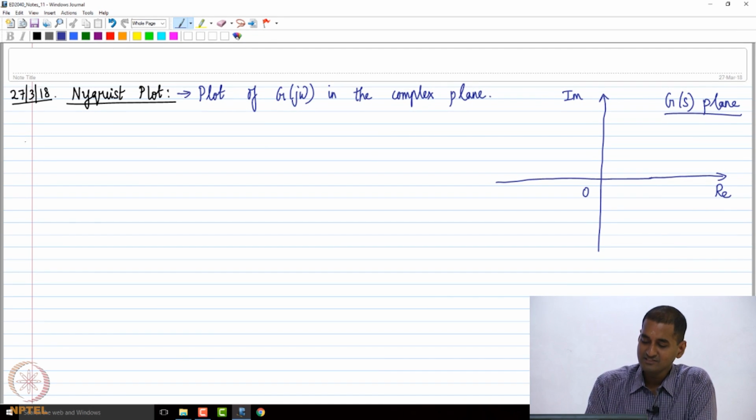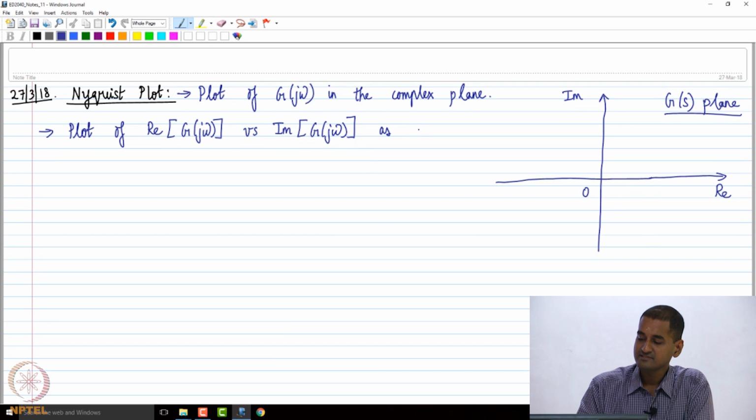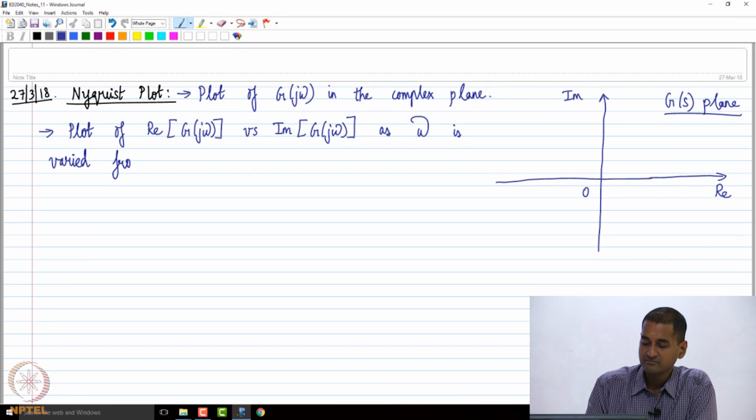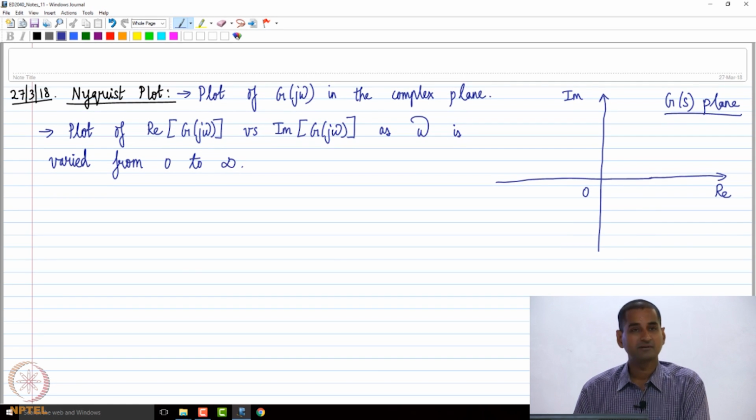So it is essentially the plot of the real part of G of j omega versus the imaginary part of G of j omega as omega is varied from 0 to infinity. Okay, so that's what happens here, right?